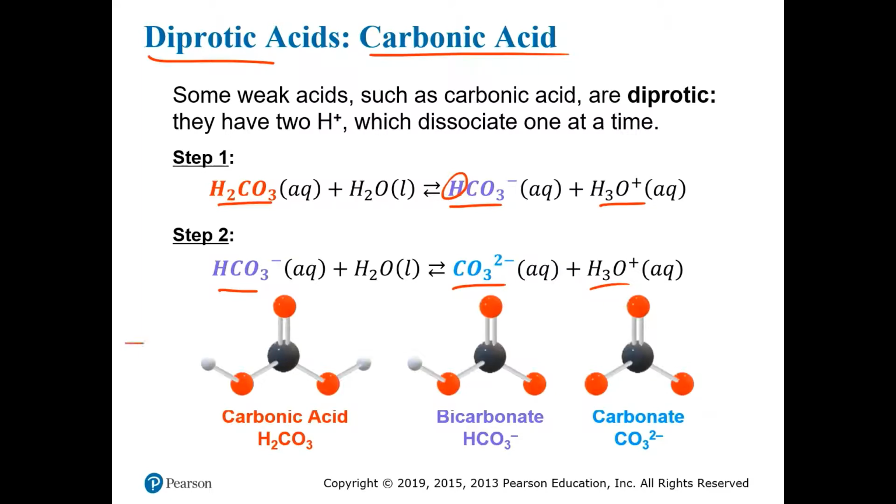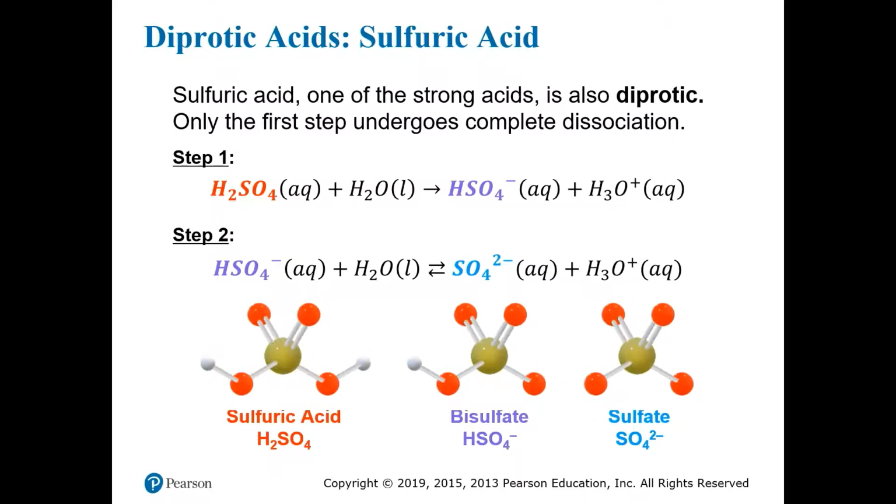Here you can see illustrations of the structure of the carbonic acid molecule itself. This is one hydrogen, and this is another hydrogen. After the first dissociation step, you can see that it's lost one of those hydrogens, and after the second dissociation step, both hydrogens are gone. Sulfuric acid is another example of a diprotic acid.